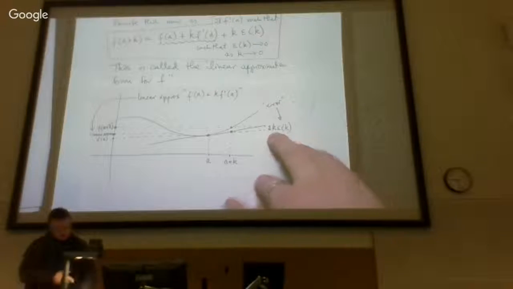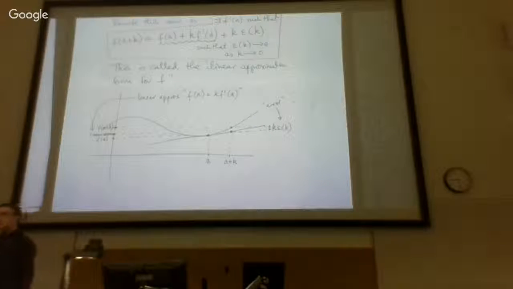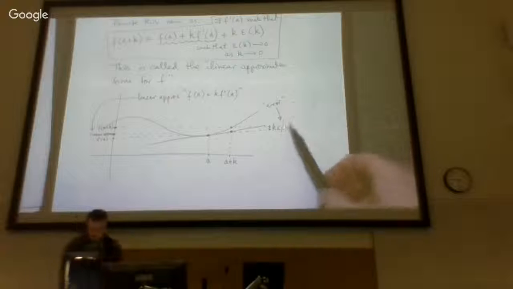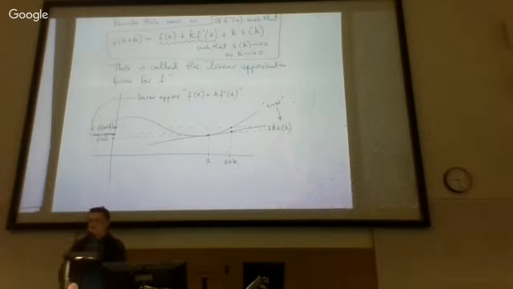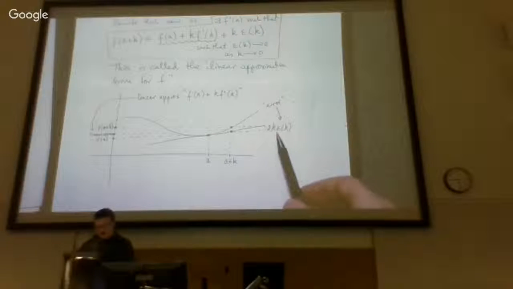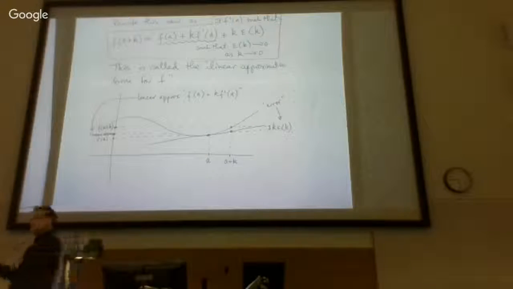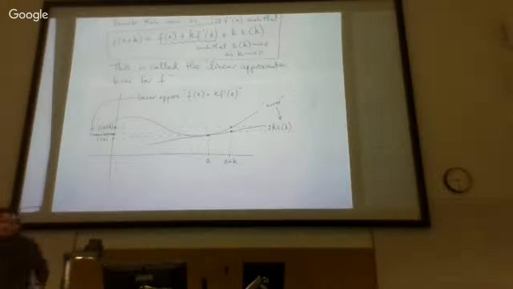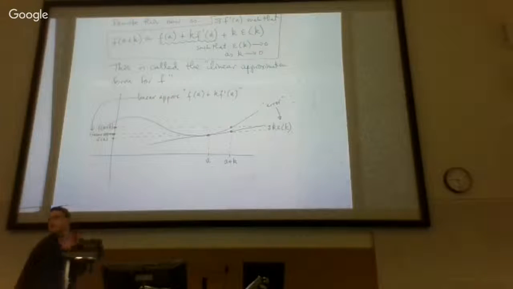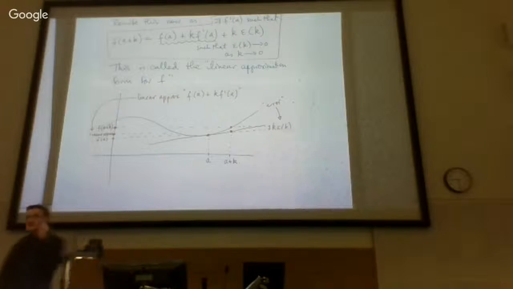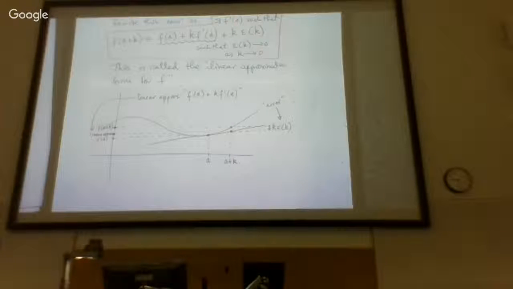It'll turn out shortly, when we move to proving the chain rule, that knowing the structure of the error term like this is the key point: being able to express the error term as k multiplied by another function. Clearly this first factor k approaches 0 as k goes to 0. It's k multiplied by another function of k, which also goes to 0 as k goes to 0.